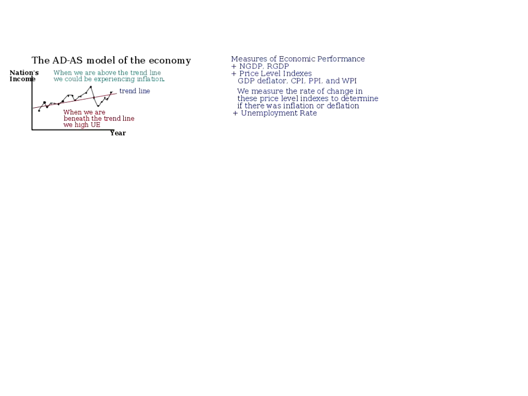So the types of unemployment include cyclical unemployment, structural unemployment, and frictional unemployment. And the main one is cyclical unemployment, which is the one that we get during a recession.